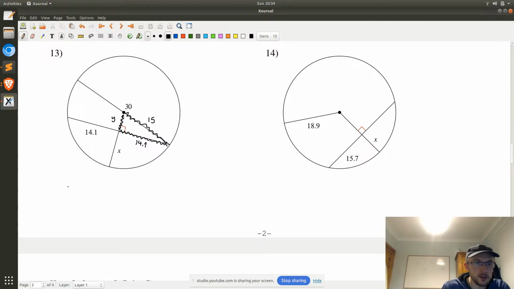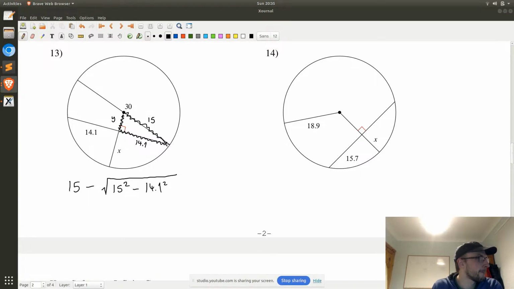So we're going to do 15, which is the radius's length, minus the square root of 15 squared minus 14.1 squared. Just like that. Okay, and we get 9.9 to the nearest tenth.